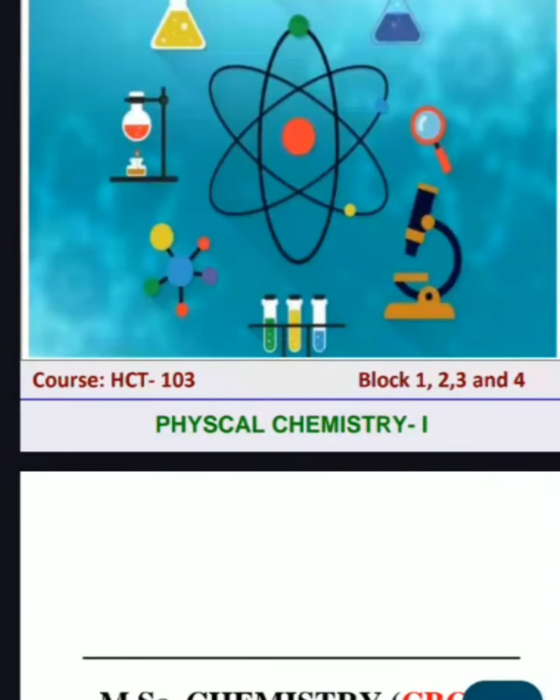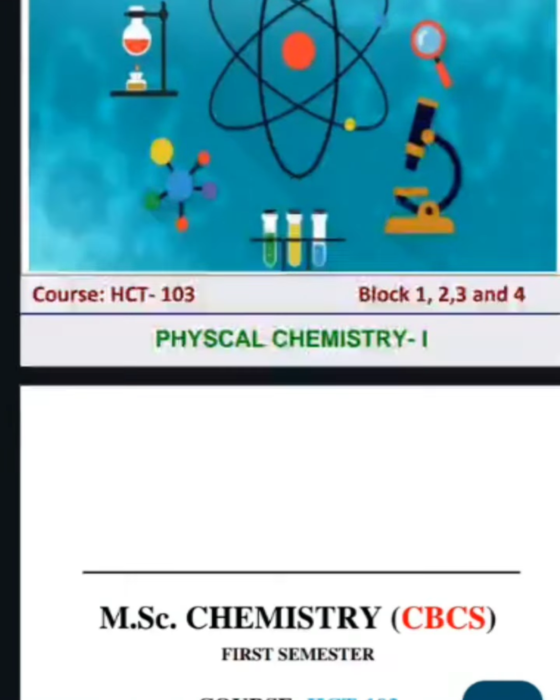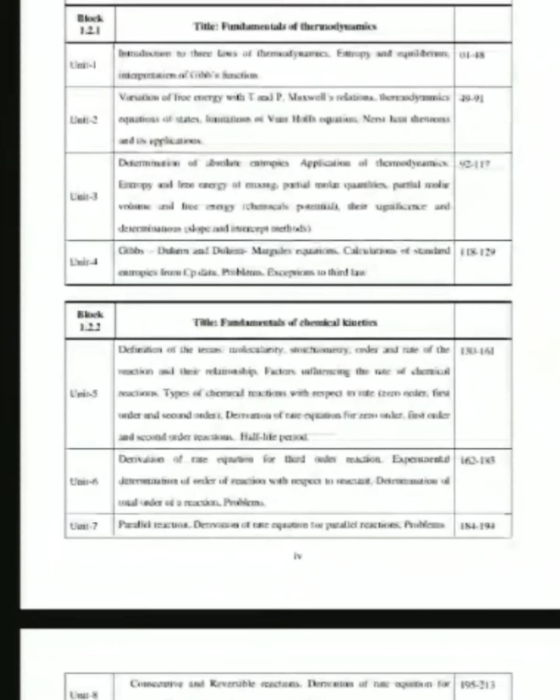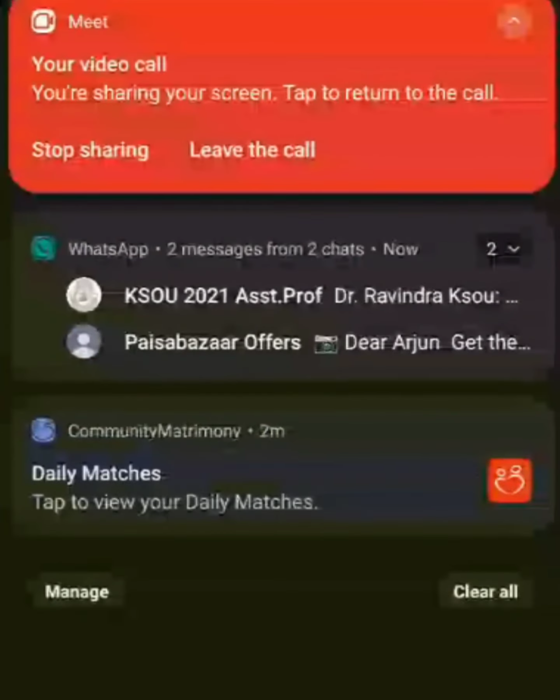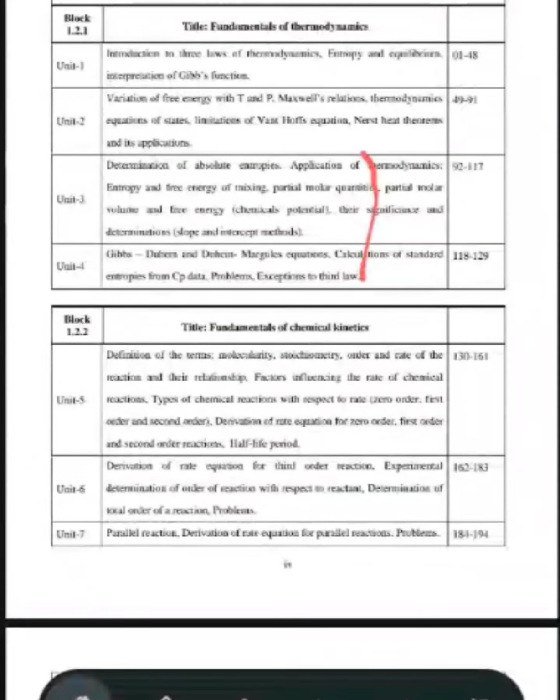This is the first semester study material where we are going to study the fundamentals of thermodynamics and fundamentals of chemical kinetics. This is block one, and then block two.